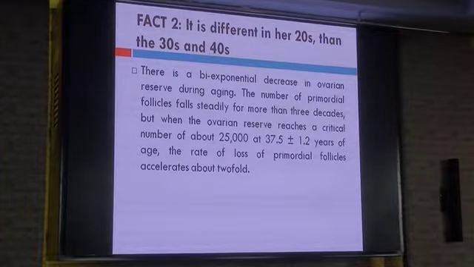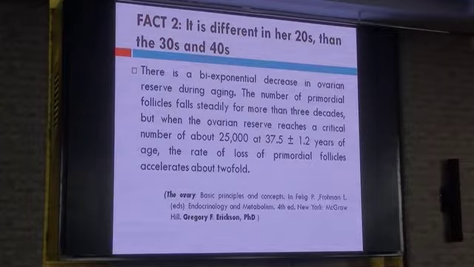But once she reaches a critical number of about 25,000 follicles, which is on average reached at the age of 37.5 years, the rate of loss of primordial follicles accelerates about 2-fold. So whenever I'm inducing and accelerating the process, I should be very cautious about what's left over.